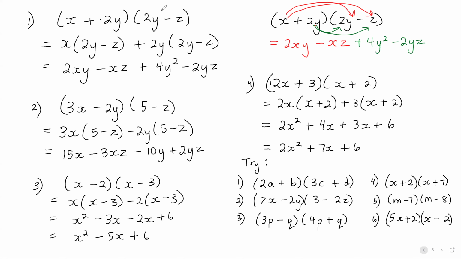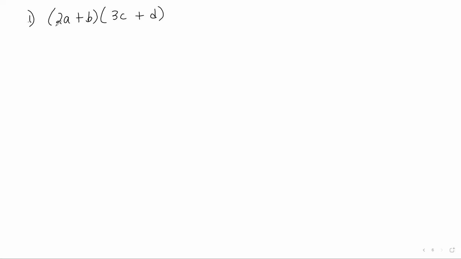Right. So the first one was the 2a plus b by 3c plus d. Got it? So this will give me 2a by 3c plus d plus b by 3c plus d.